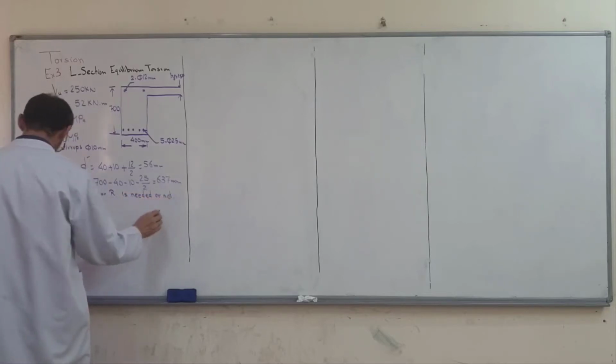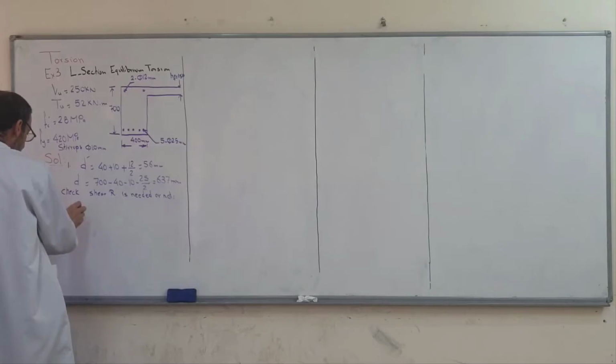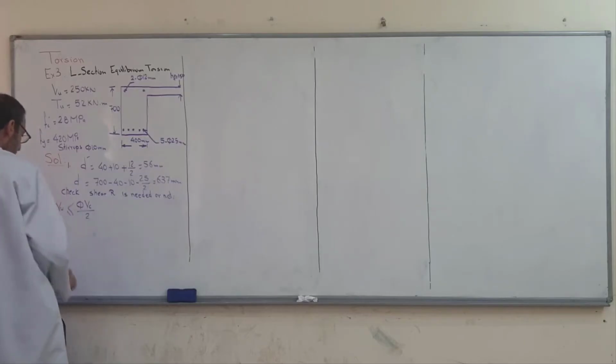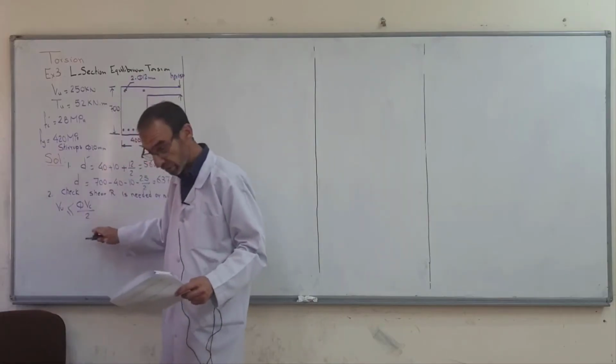Same procedure: phi Vc over 2 must be greater than V ultimate.